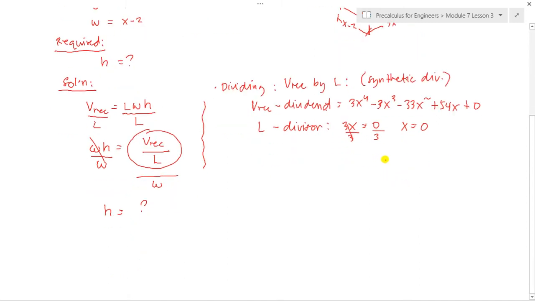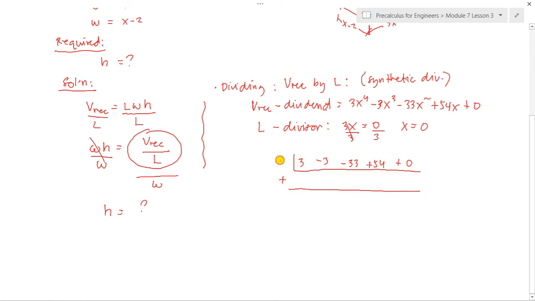In synthetic division, write first the coefficients: 3, negative 3, negative 33, positive 54, then 0.